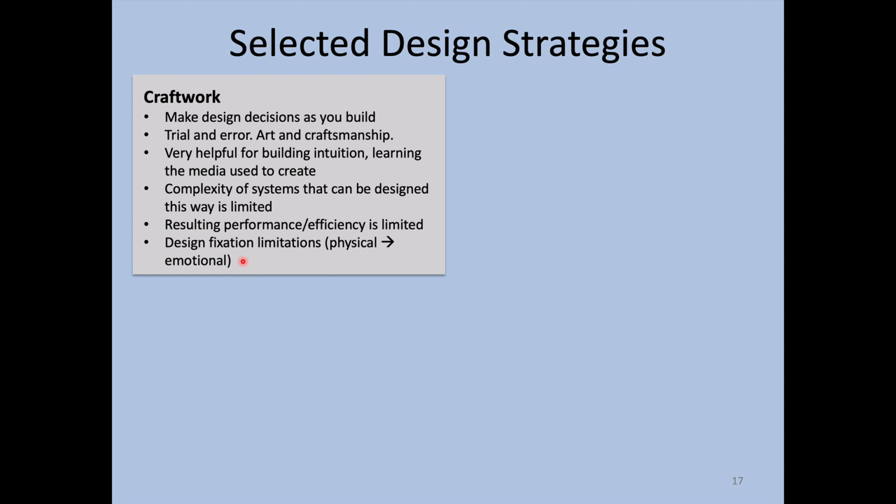One example is design fixation. If we create a potential design solution in our mind, there's a chance that we might become attached to it. It might be hard to let it go, even if that's irrational. And especially if we are building something, if we're making something physical, there tends to be this emotional attachment to it.